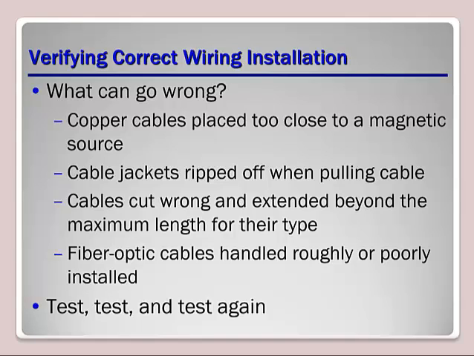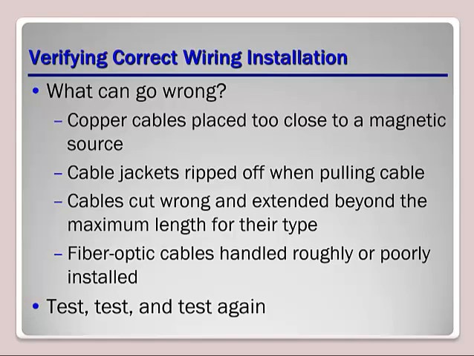Cables cut wrong or extended beyond the minimum length for their type. Fiber optic cables handled roughly or poorly installed. Those cables are orange most of the time, and they are very fragile. If you bend them too much, they will break, and you're going to have new cables run.